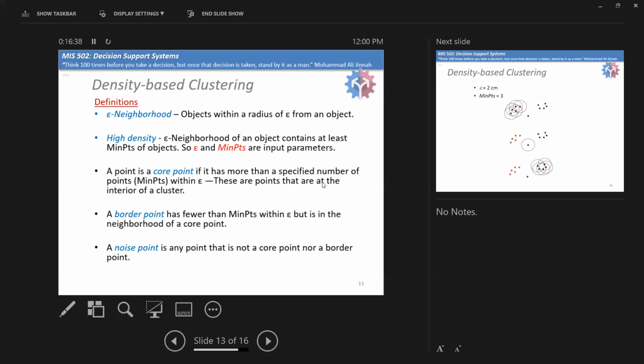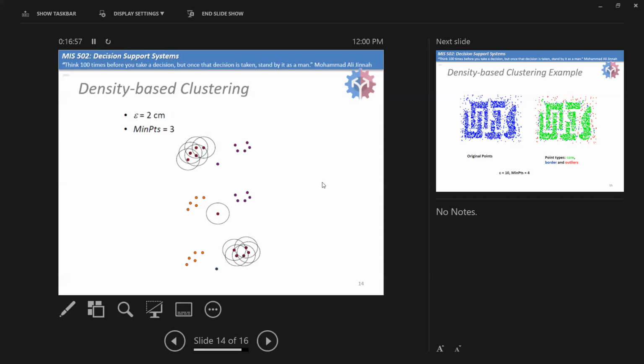So let me just draw a circle here for this one. Does it have enough points in its neighborhood? No. Is it connecting to the neighborhood of another point which is a core point? No. So it's a noise, right? So you keep it separate. So this is like a noise.